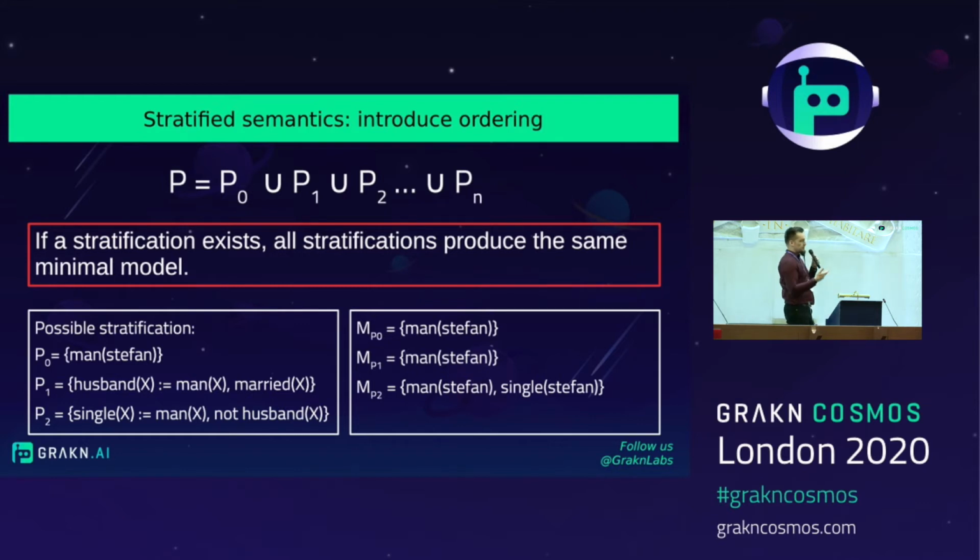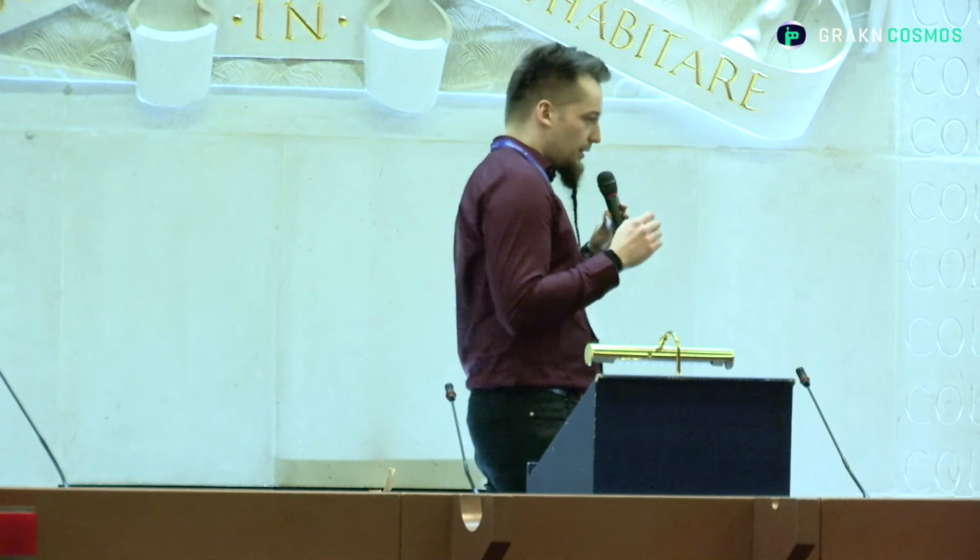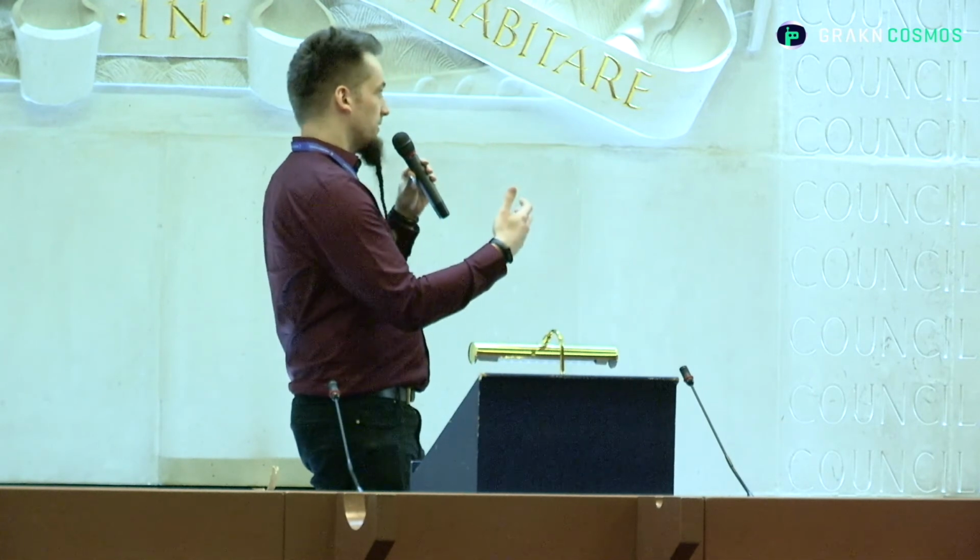A stratification is an explicit ordering that we impose on how we evaluate our rules. An important theorem in that case is that if there is a stratification, all stratifications will produce the same minimal model. That serves as our model preference criterion.